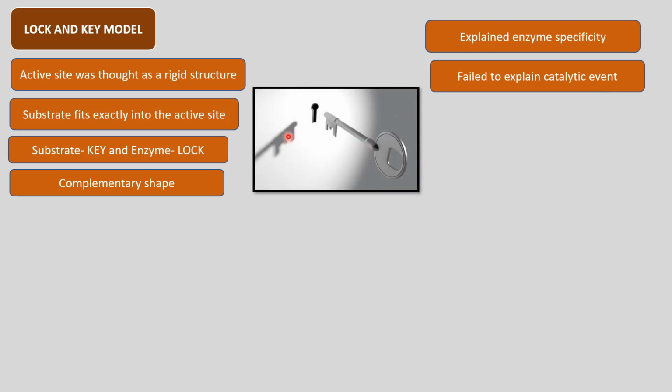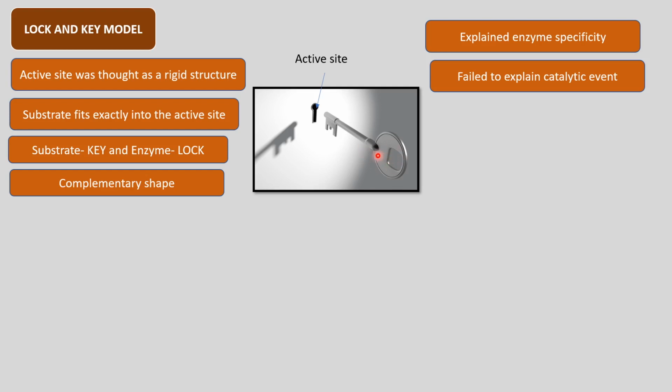So always remember how a lock and key works, and that is how the Lock and Key model is supposed to be, right? So we know that locks have a keyhole, right? And imagine that this keyhole is the active site of the enzyme. So the lock is the enzyme, the keyhole that is present is the active site, and the key that we use is the substrate.